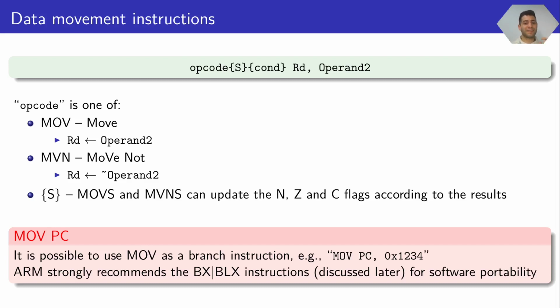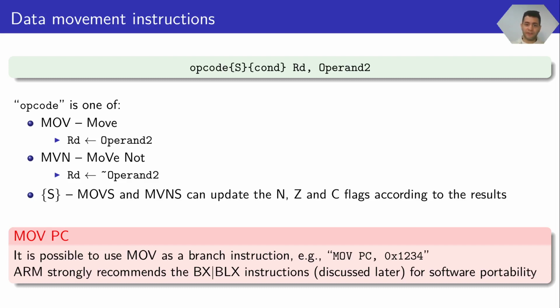The PC is the program counter. Inside the PC we have the address that is pointing to the memory region that contains our code. So what can we do? You can say, hey, please change the value of the program counter to this number. It is possible, you can do that.